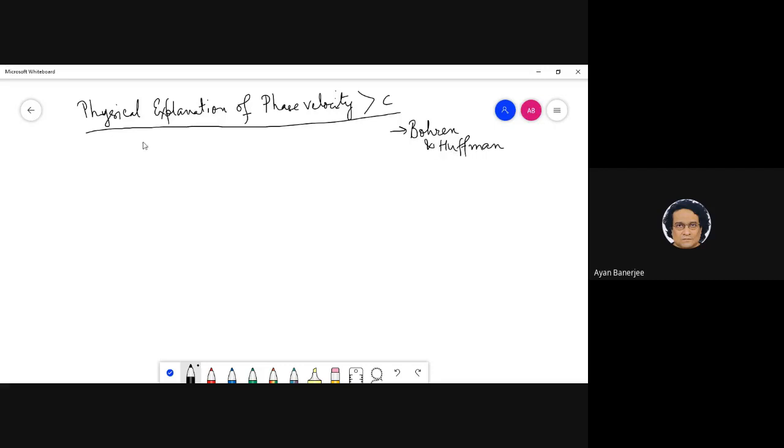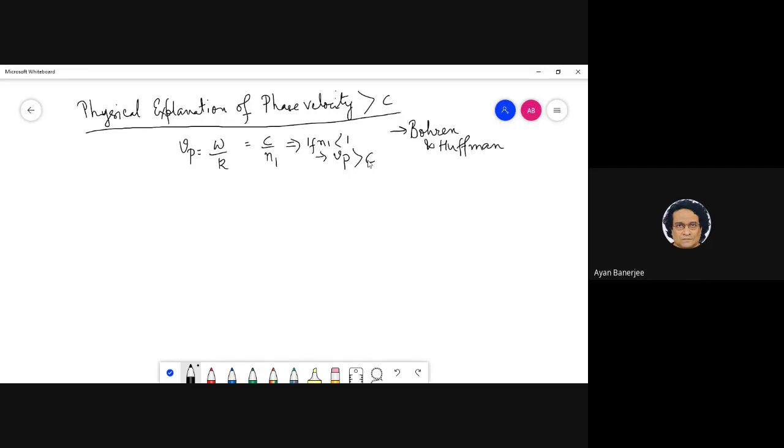Okay, so what we have, of course, is that your VP is omega by k, and that is c by n1, which means that if n1 is less than 1, then your VP is greater than c.